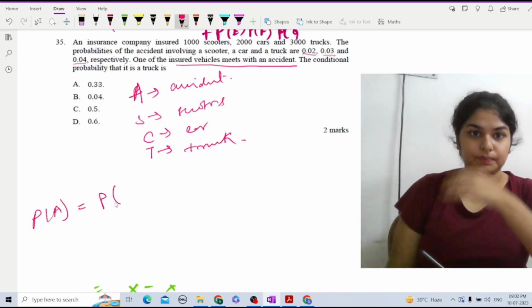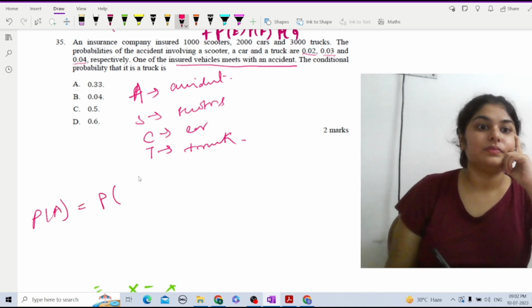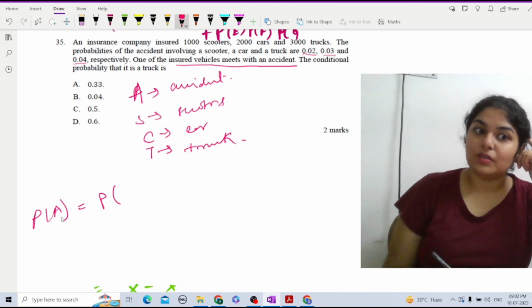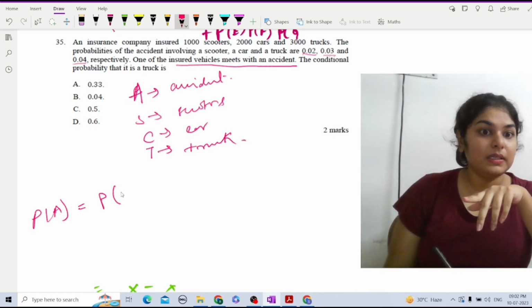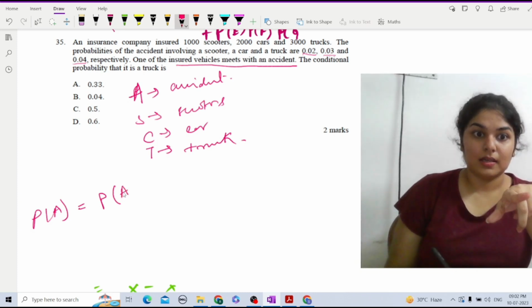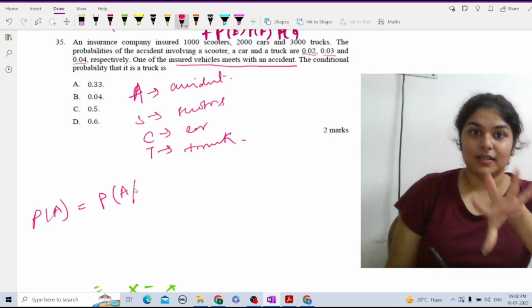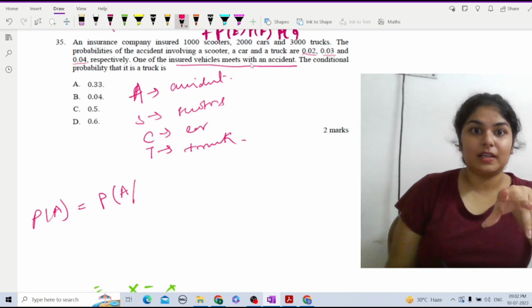Probability that, how can we write down this one is as follows, that is probability that accident, whichever vehicle meets an accident that is insured.